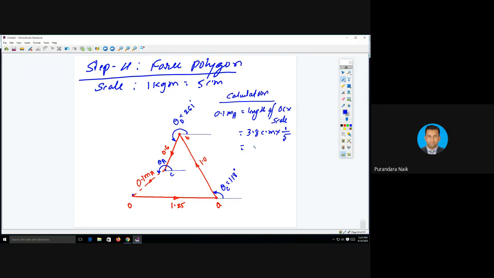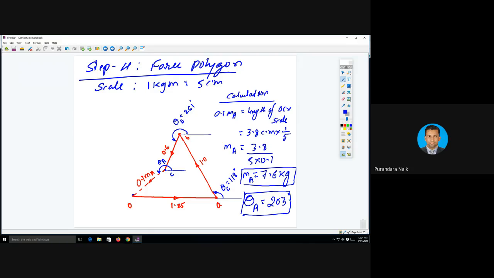So MA is equal to 3.8 divided by 5 into 0.1. We'll get the answer 7.6 kg MA, and theta A, if we measure the angle, we'll get 203 degrees. This is the end of the problem.